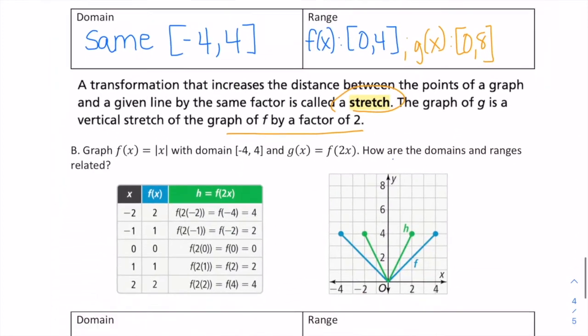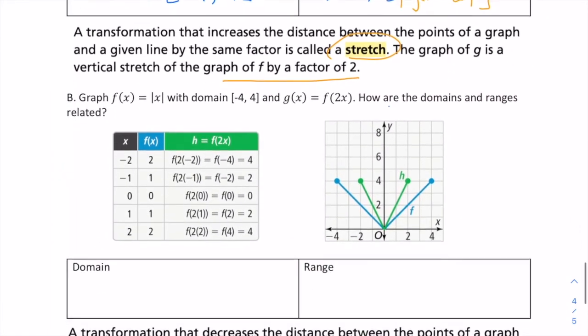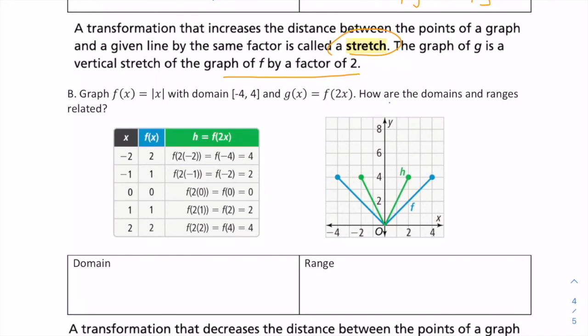Now let's look at a compression. So for the function f of x, still our blue function, we're going to take g of x, and g of x will be f of 2x. So what does that mean? It means that we're going to have to plug in 2x and then see what the value is on the f of x.